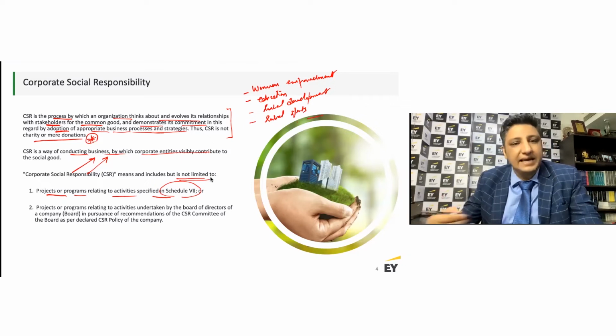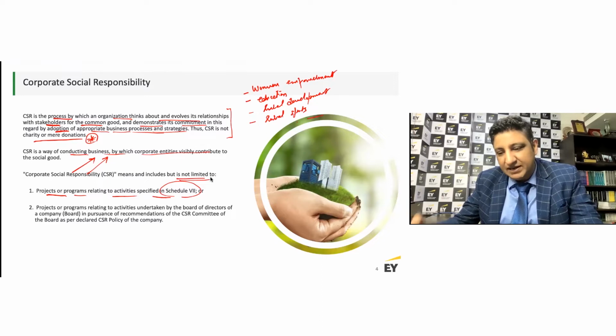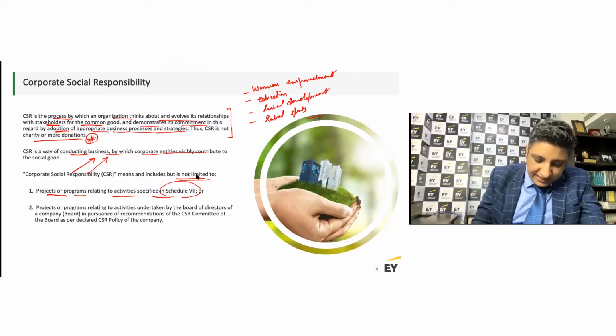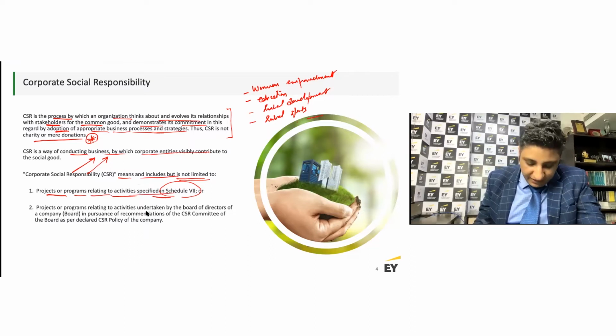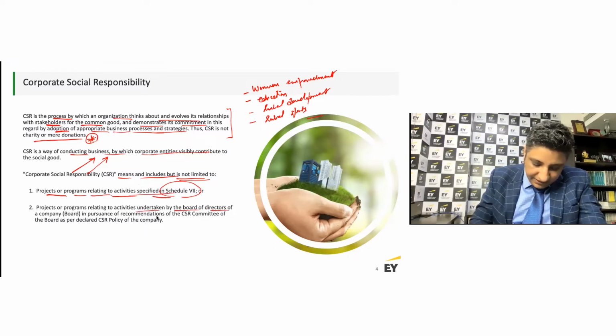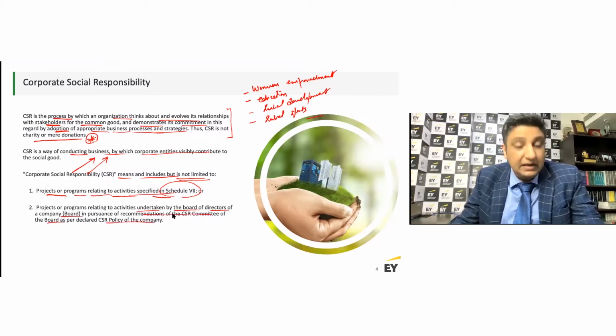So you as a business can identify and suggest, looking at the common goals and the social causes you can connect with, and you can prove to the government that you are involved in these activities and are eligible to claim those CSR requirements as per the law. So when we say CSR means and includes, but is not restricted to, those activities specified, or even those activities taken by the board in terms of the recommendations made by the CSR committee of the board.